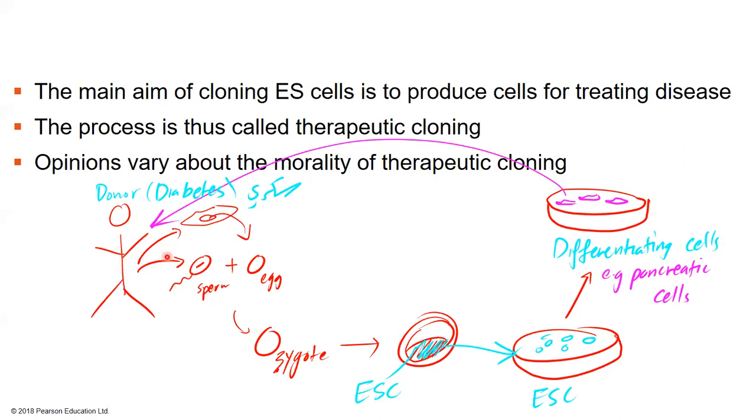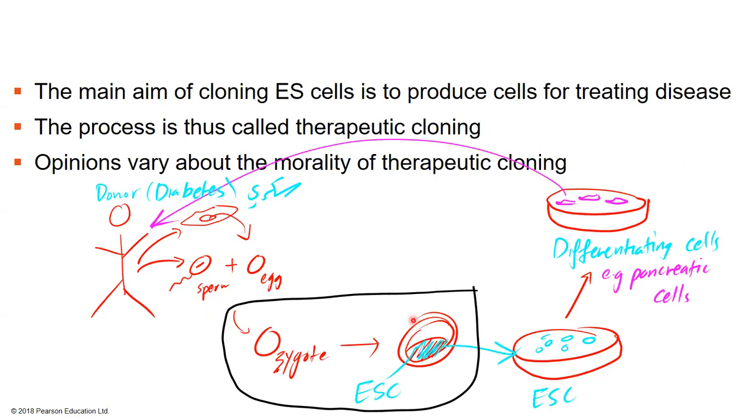But notice that the ethical issues lie basically in using embryos, because this is an embryo. So there are some ethical, religious, and moral issues surrounding the use of embryos as a source of embryonic stem cells. Okay.